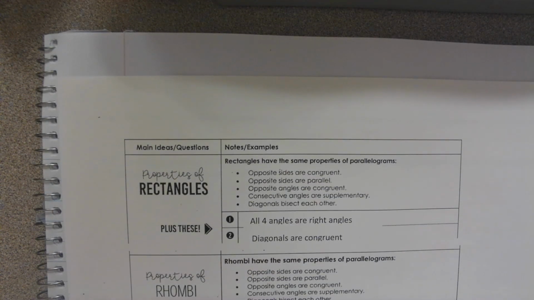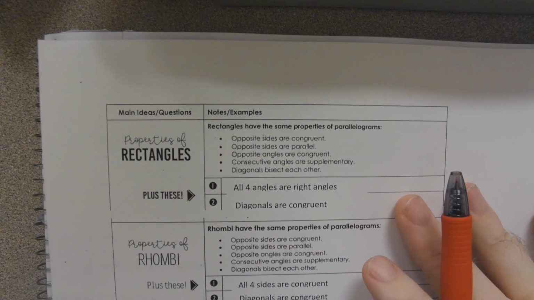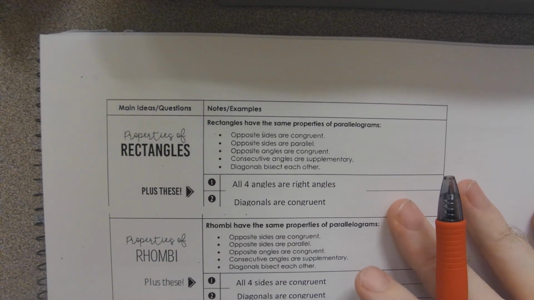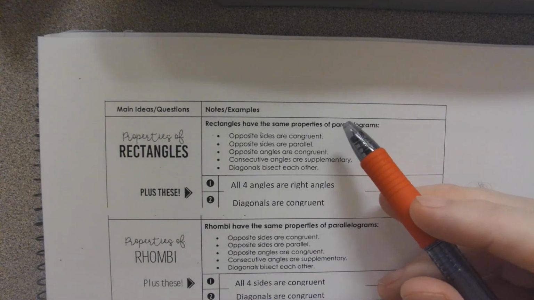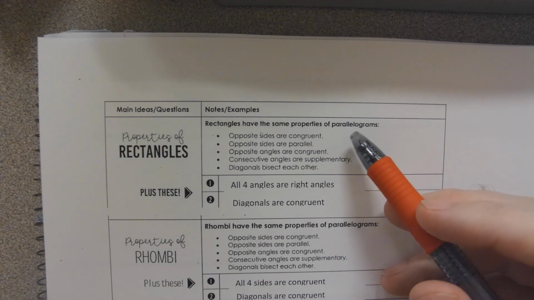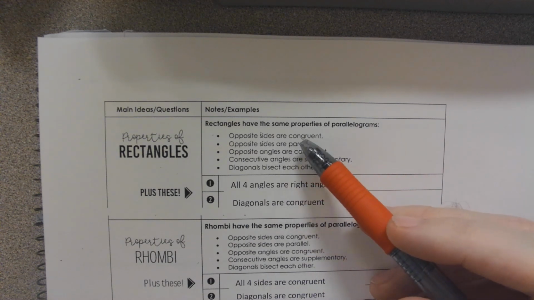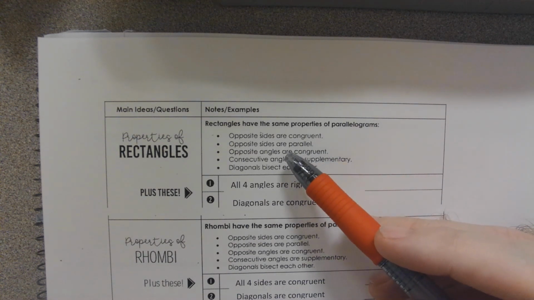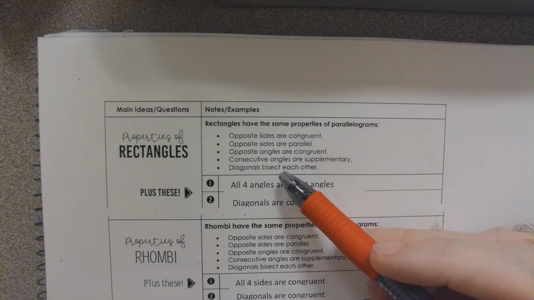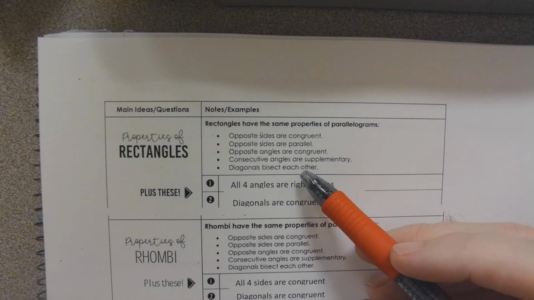Now, getting a little more specific, some properties of rectangles. Rectangles have the same properties of parallelograms. Opposite sides are congruent, opposite sides are parallel, opposite angles are congruent, consecutive angles are supplementary, and diagonals bisect each other.